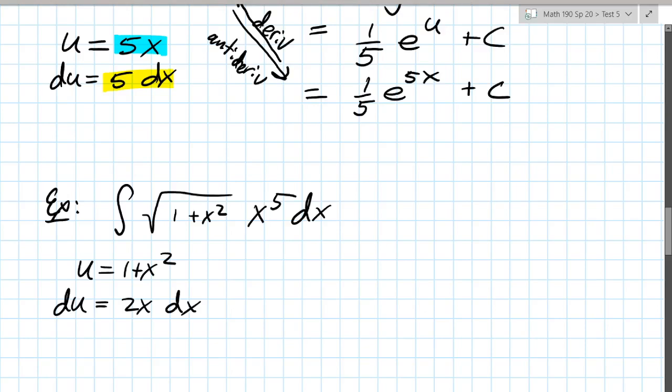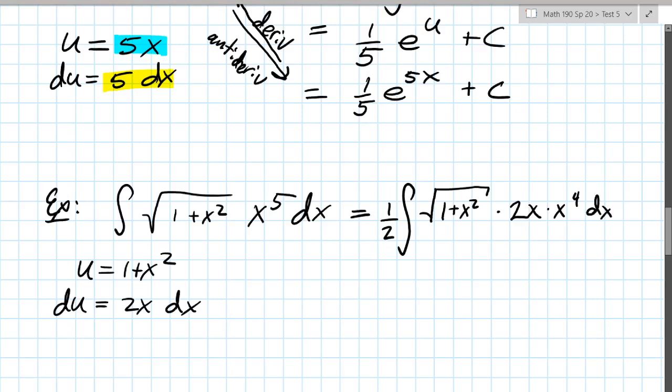So what I'm going to do is rewrite this integral a little bit. I'm going to write the integral of square root 1 plus x squared times, and I'm going to put my 2x, I got my 1/2 out front, times x to the 4th dx.